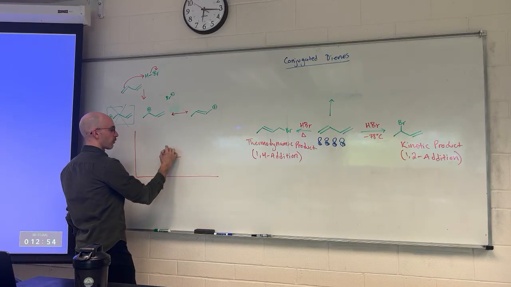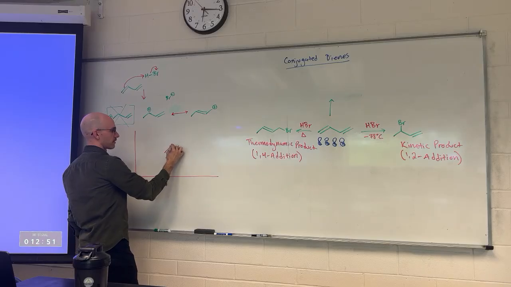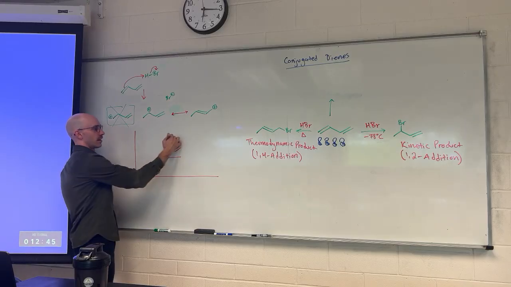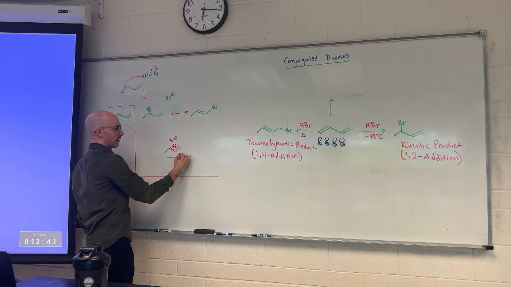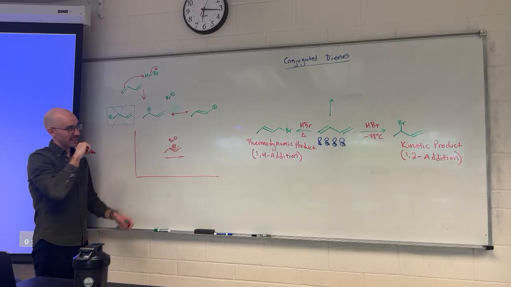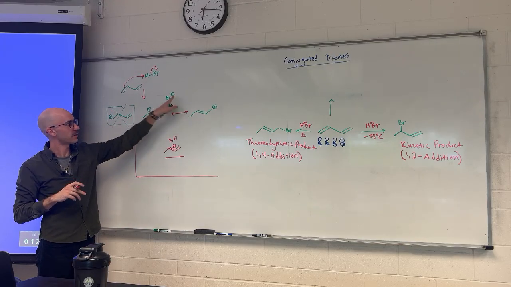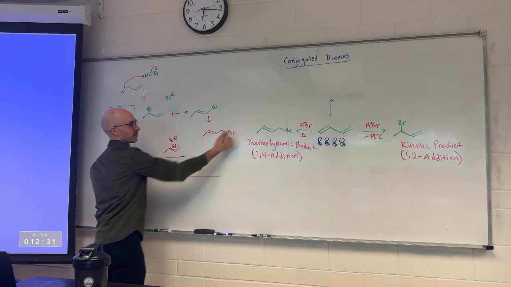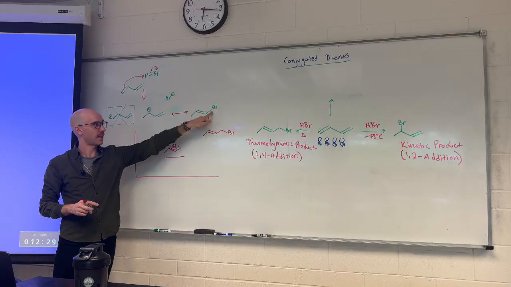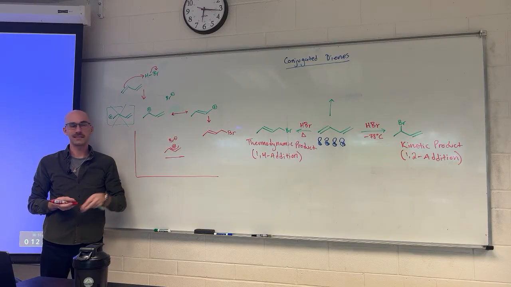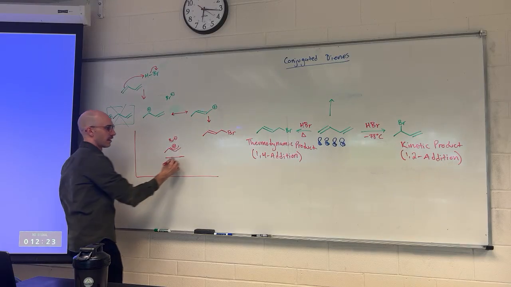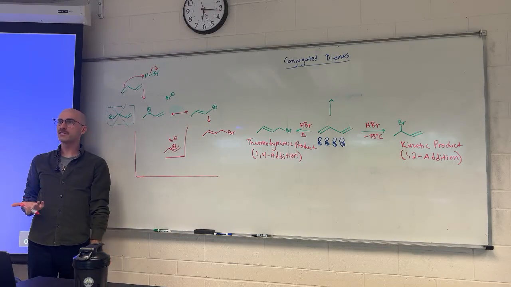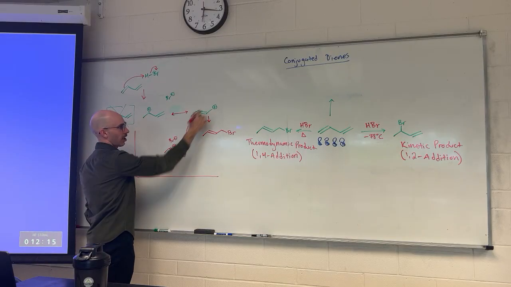So if we were to show a reaction coordinate diagram for this, I have this delocalized positive charge, and I have bromide. In order to react on the right with bromide, and have my nucleophile attack the resonance form at the primary carbon, I need to have enough energy to make an unstable carbocation.